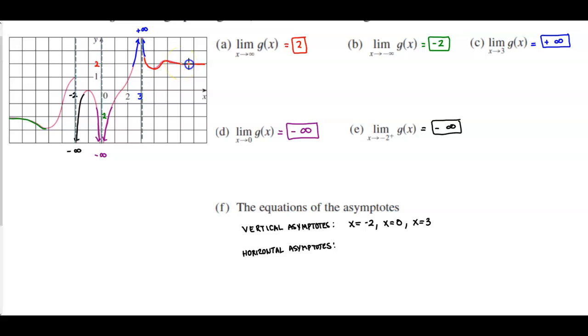So that means that here we have a horizontal asymptote at y equal to 2. And then we also have one down here going towards here, which is y equal to negative 2.